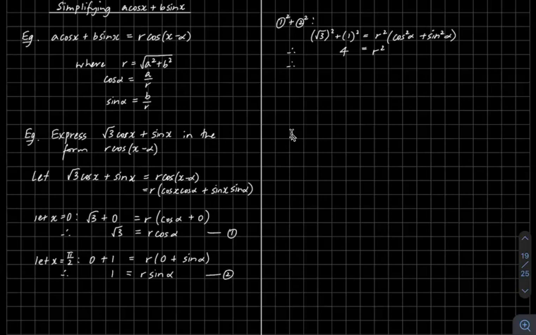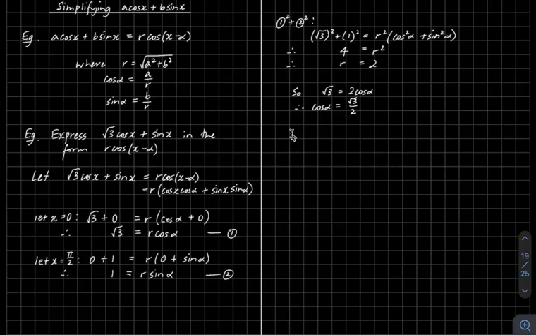Now we could choose r to be plus or minus the square root of 4, in other words plus or minus 2, but really all that's going to do is just change the value of alpha. So let's just take the positive value of the square root there and say r is equal to 2. So subbing that back into equation 1, we've got root 3 equals 2 cos alpha, which means cos alpha equals root 3 over 2.